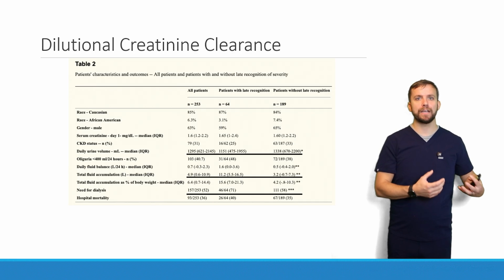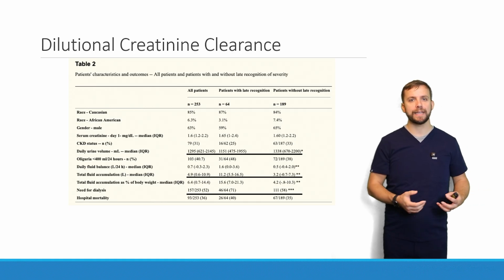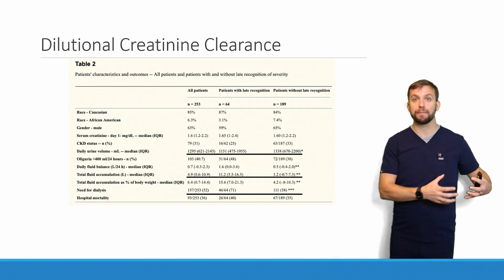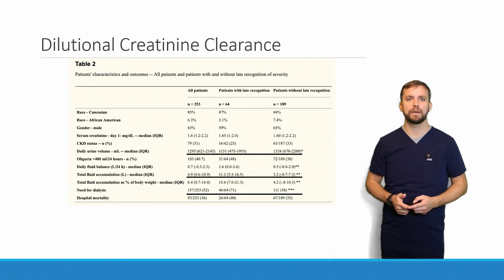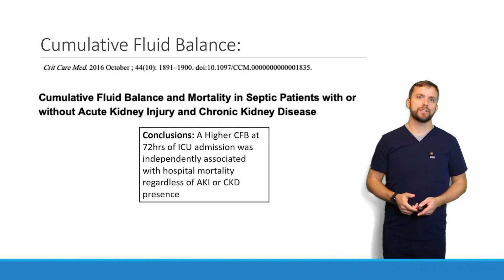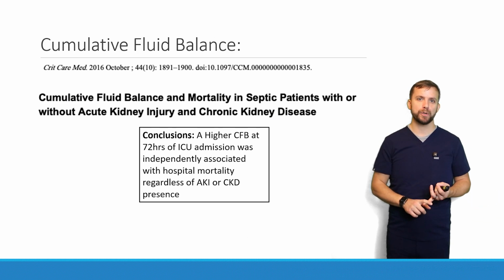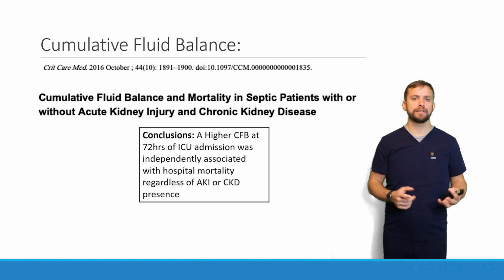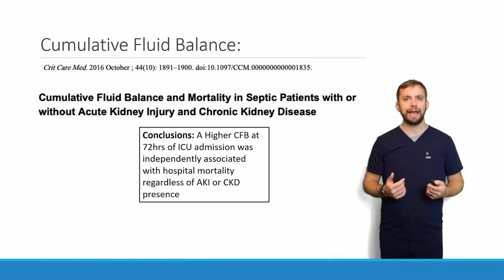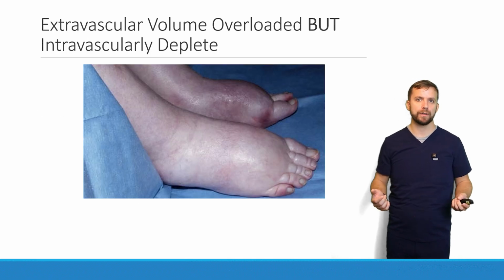And that led to increase in kidney injury. And it also led to an increase in dialysis needs just because they weren't finding it until it was much later along. A higher cumulative fluid balance at 72 hours of ICU admission was independently associated with hospital mortality, regardless of AKI or CKD. So just having too much fluid, a high cumulative fluid balance, led to worse outcomes.